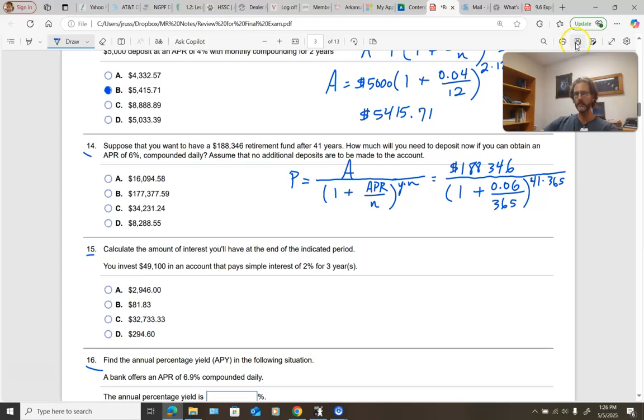6%. That's not a bad rate. With investing, there are some things that have hardly any risk, and you can lock in a rate of like 4 or 5, maybe 6%. That means you're guaranteed to get that.